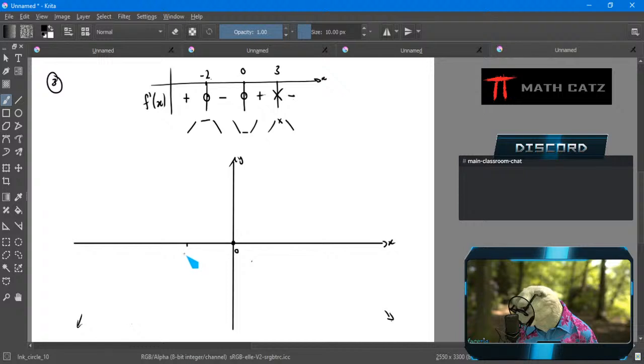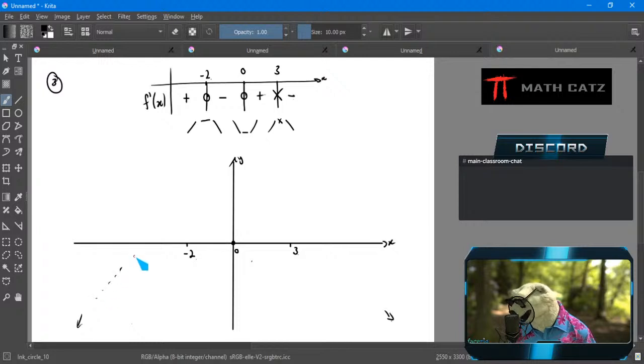-2, let's put -2 over here. I don't know what the y value is. Let's put a pin in that. 0, that's a critical point too, the y-intercept. And 3, let's put 3 over there. So now what is happening here? At -2, on the way to -2, I have to increase.